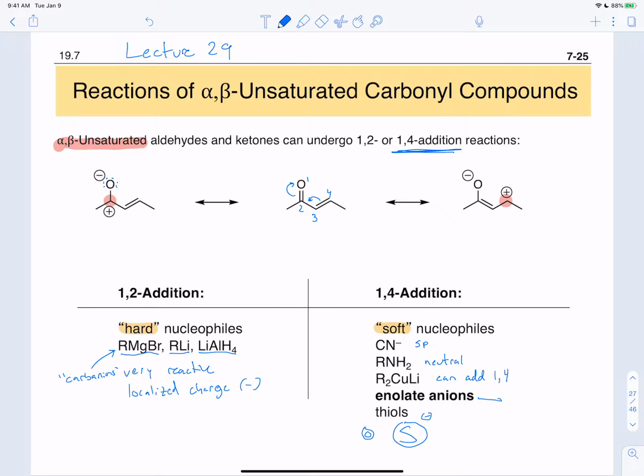Enolates are probably the most relevant of this section for the types of reactions you can do. The reason that enolates are soft is because we have this resonance structure, so it's not all concentrated on just the carbon. We have delocalization between the carbon and oxygen. This is enough stabilization to switch it from being a hard nucleophile like a Grignard to being a soft nucleophile, because the negative charge is on an oxygen and it's shared with a carbon as well.